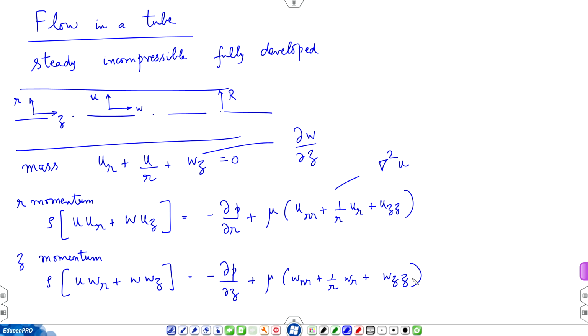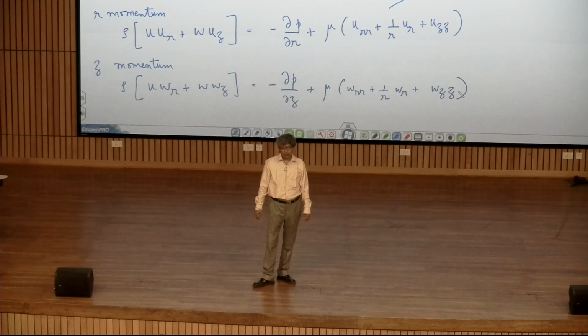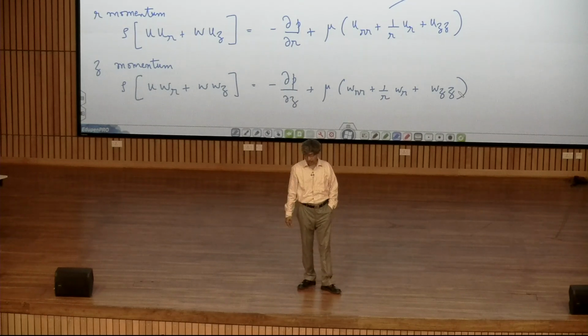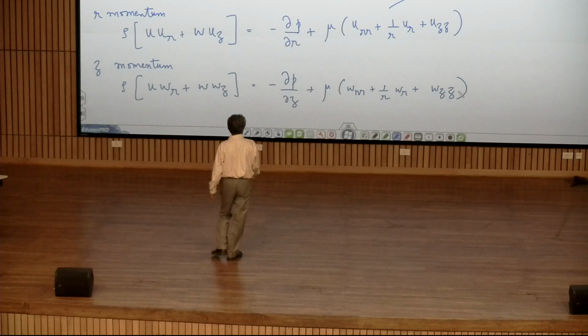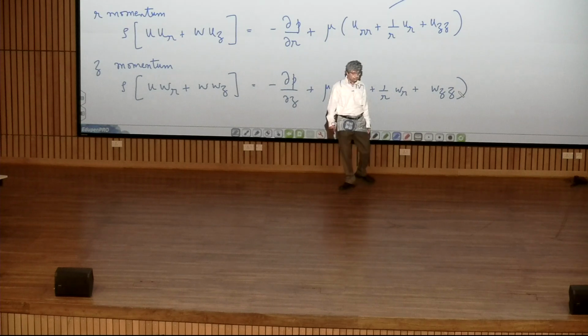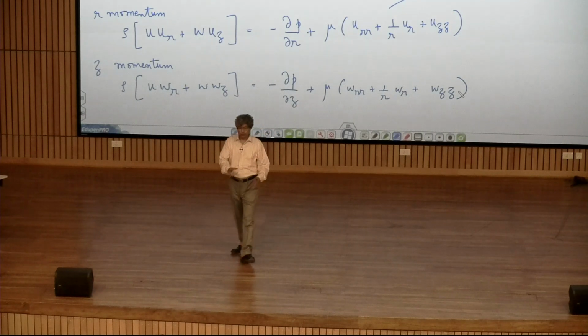I have already advised you that these equations in Cartesian coordinates you should be able to remember. If you have a problem in rz or r theta coordinates, that we will do next, then you can see there are some extra terms, curvature terms, which go away if there is no curvature.